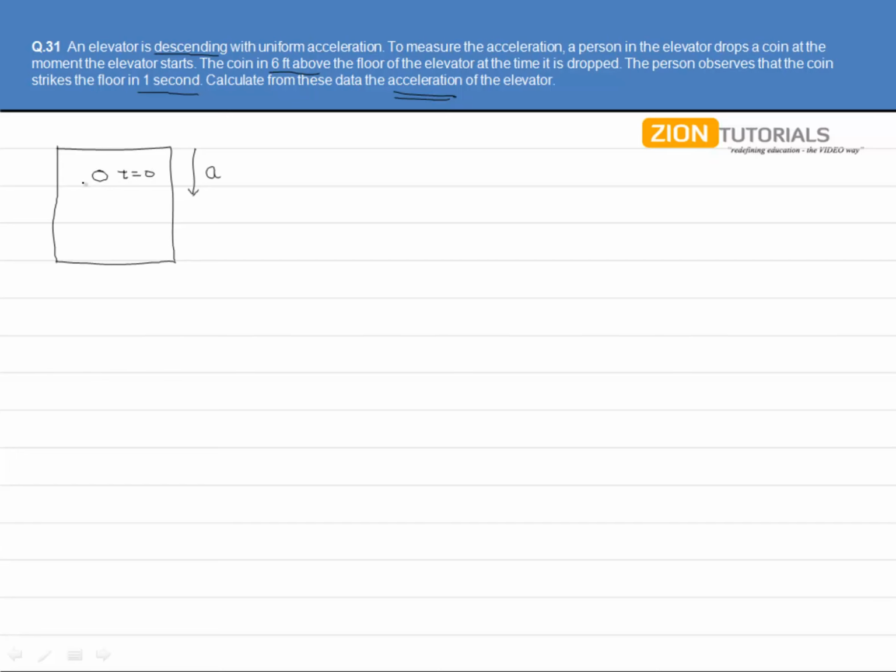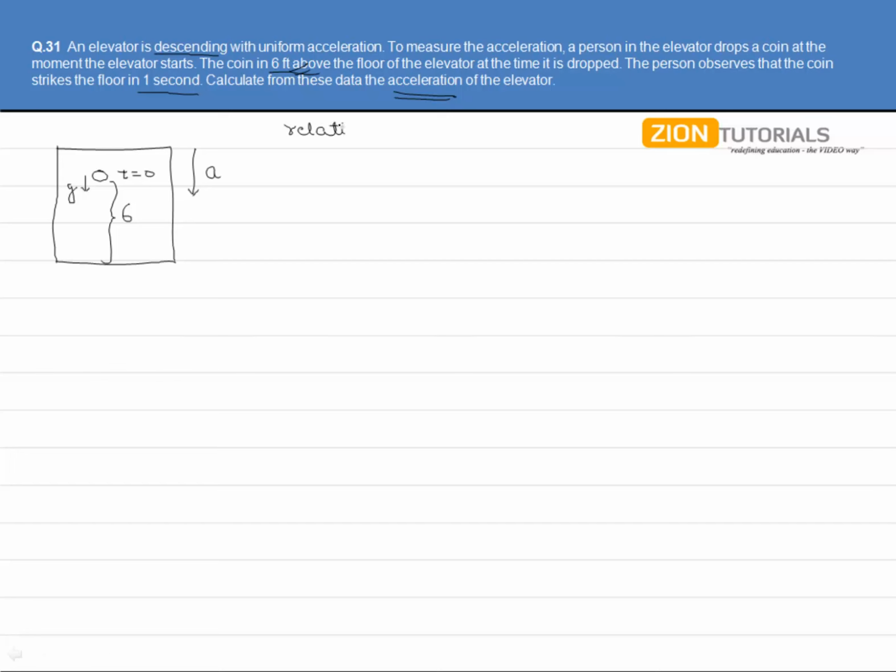Now we know this will free fall with an acceleration of g, and this distance has been given as 6 feet. Now let us solve this problem with the relative concept.